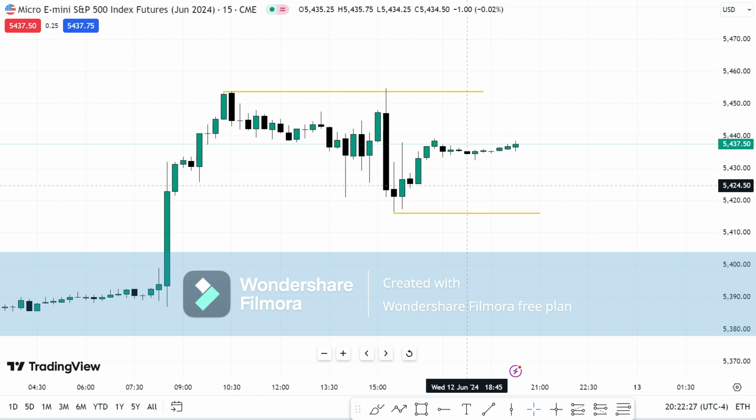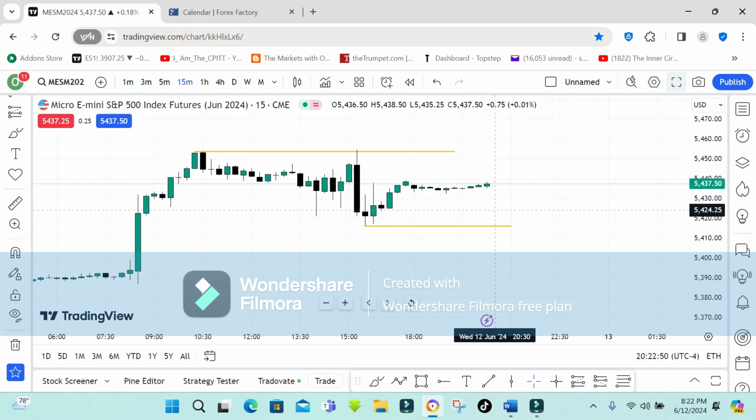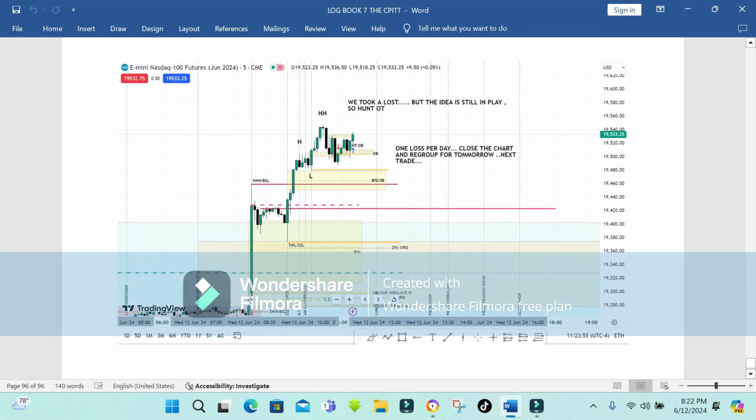That is why the stop loss can be much larger with the micro. It has to do with the volatility. A lot of people are trading the micro, and your stop loss must not be too tight.